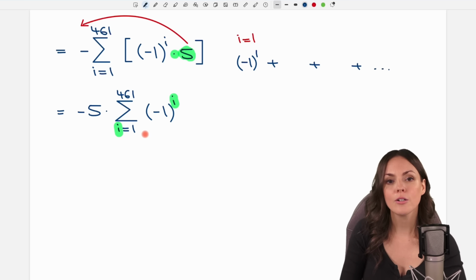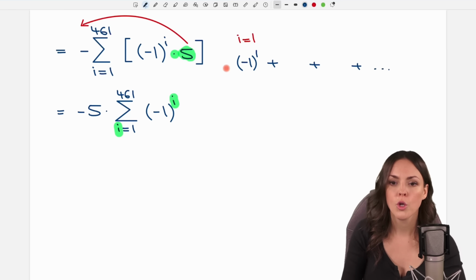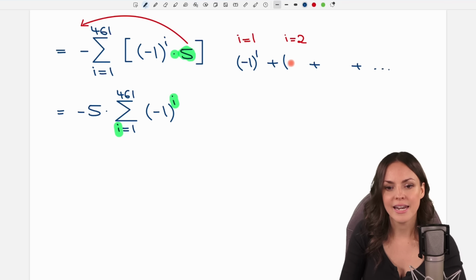Then we increase our I by 1. So we have I equals 2. So we replace I by 2 so that we have negative 1 raised to the power of 2 here. Then we increase I again, and we get I equals 3.